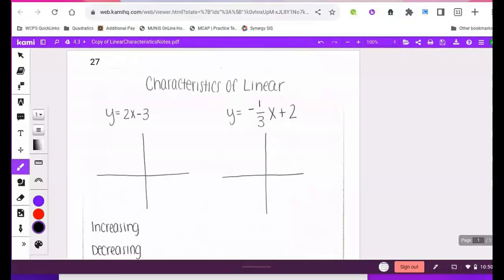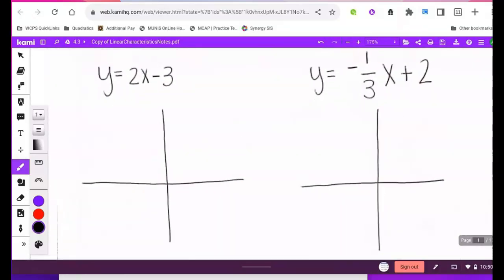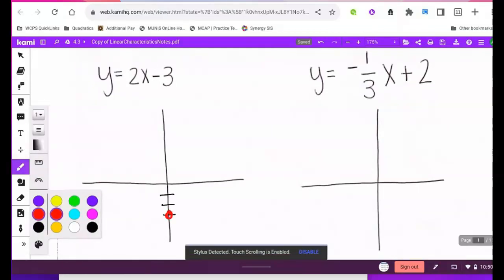So we have y equals 2x minus 3. We start at our y-intercept of negative 3. So I'm going to put 3 lines and go down here to negative 3. That's where we start. It's our b value.